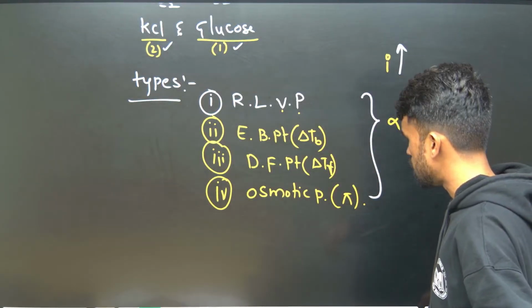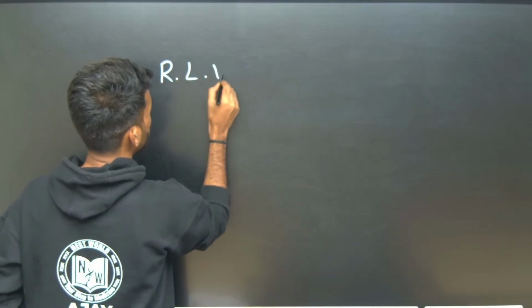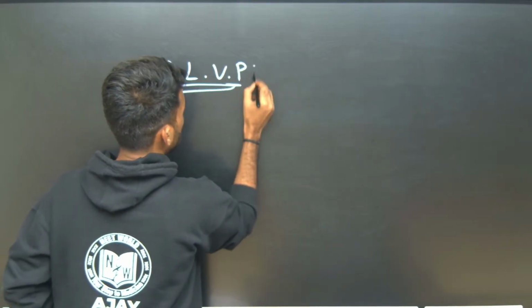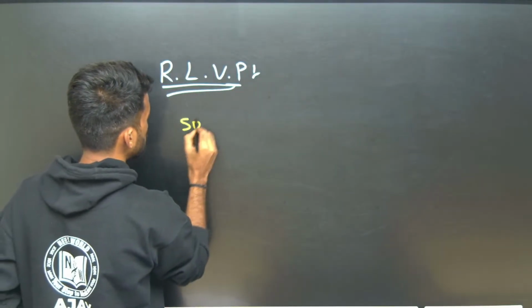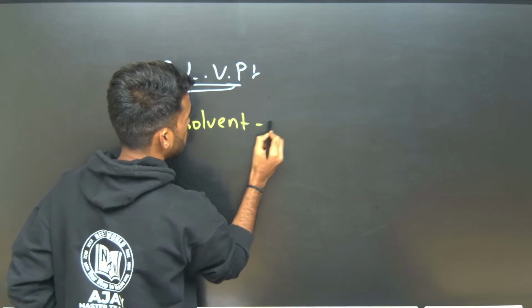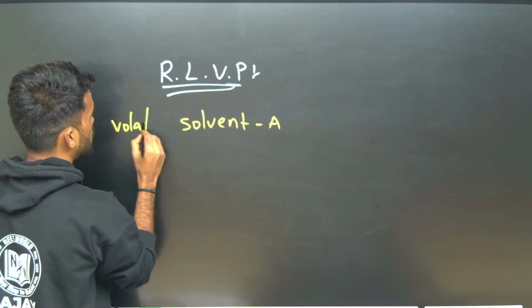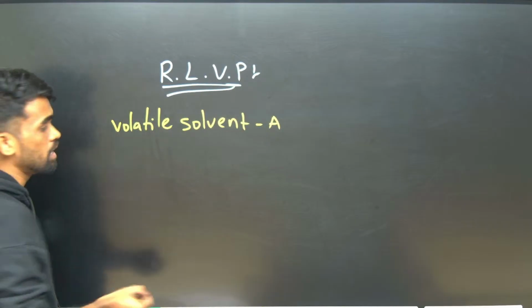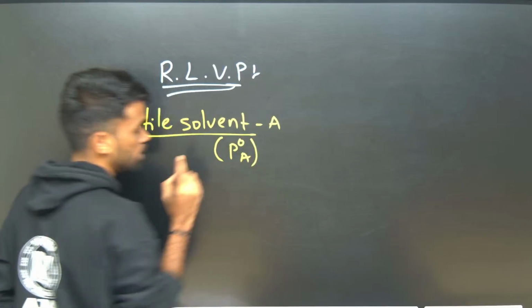Let me write the first heading as RLVP, relative lowering of vapor pressure. How can you understand this in a better way? I have a solvent, I am indicating it with A, and I am saying this is a volatile solvent. The vapor pressure of this volatile solvent I am saying is P0A.